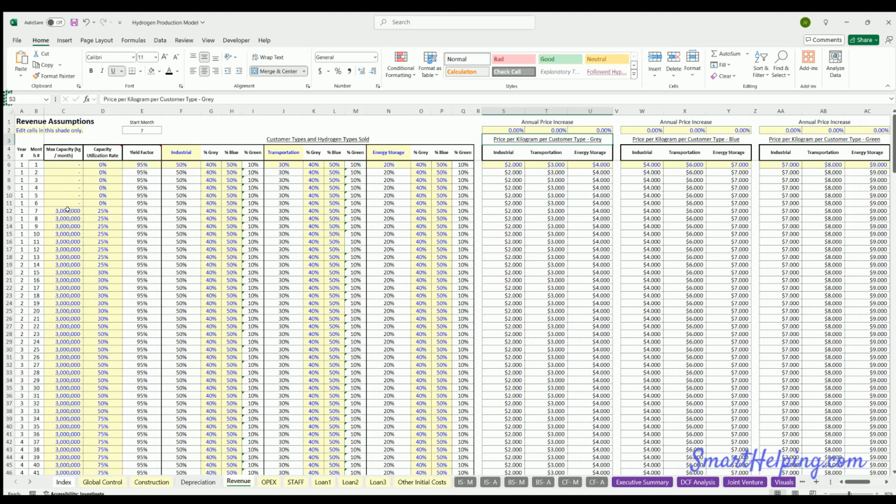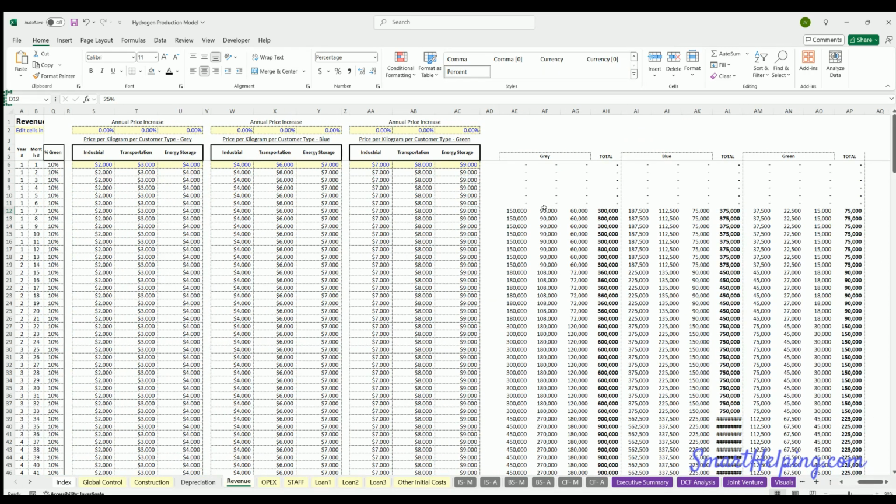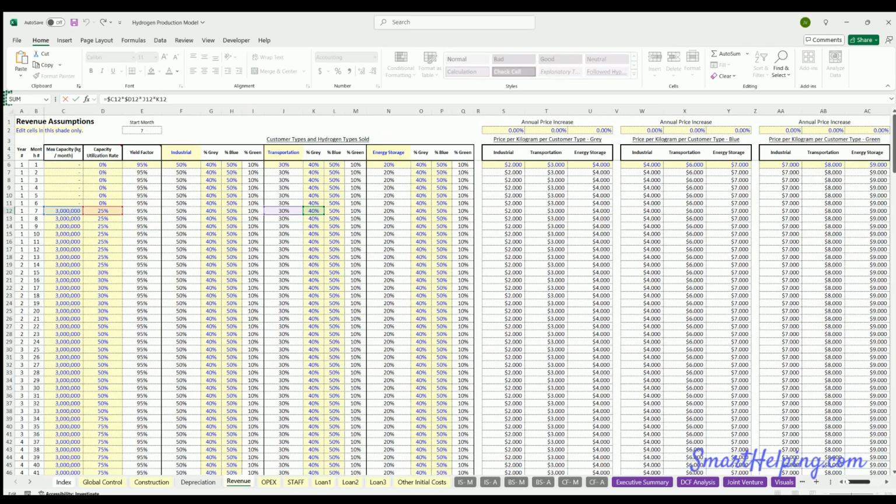So you have to know what you're actually producing, which is going to be a function of these first two rows, not counting the yield factor. And that's going to drive your variable costs. So what this does over here is separate it out. You can see the formula here, we're just multiplying this times this, so how much are we producing, and then times the percentage going to transportation, and then of that, how much is gray.